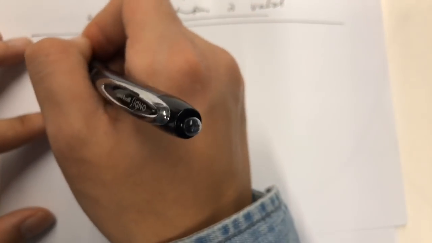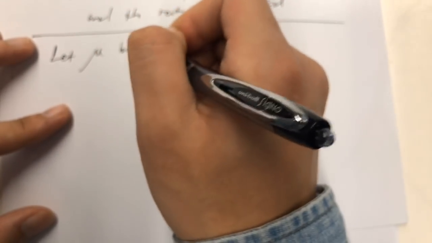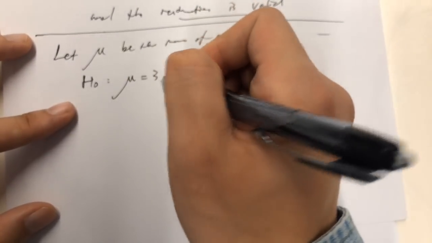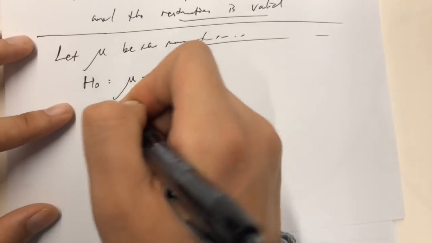For Jenny's question, the true mean number of months, we can let mu be the mean number of months. So the null hypothesis will be mu equal 30, and for H1, it is testing at least 30.